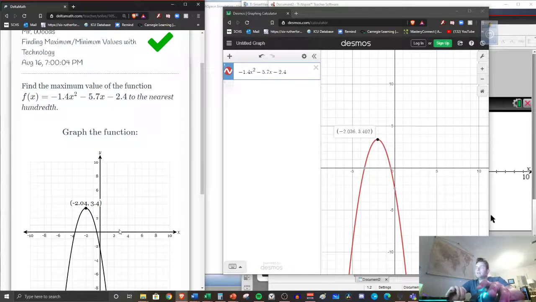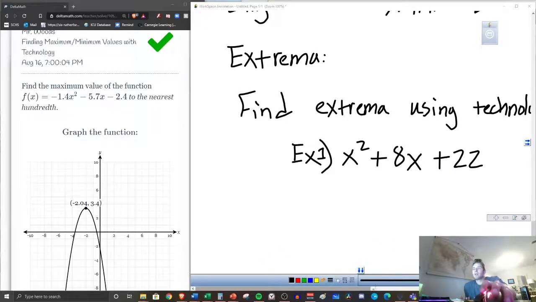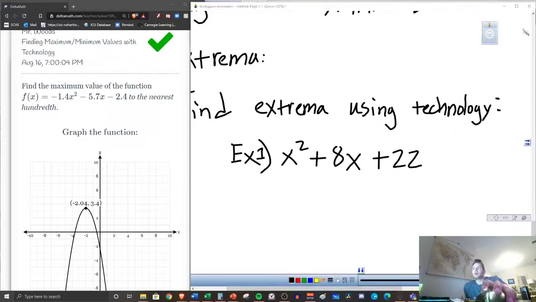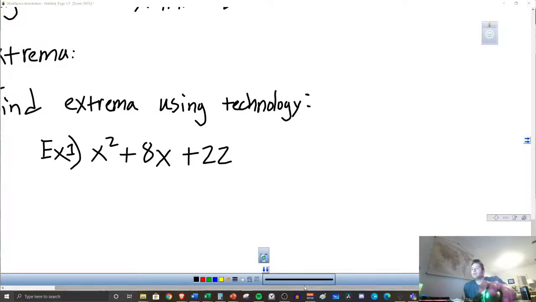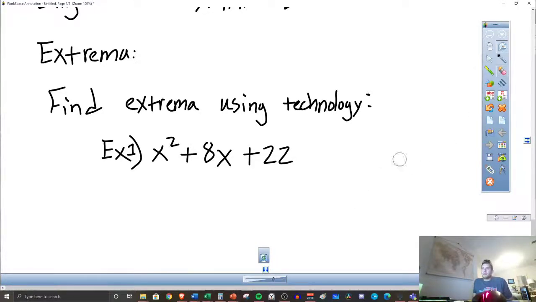Okay, there it is. And that is finding your minimums and maximums using the technology. That's how you will need to do that. You're not going to be doing any of that by hand. Okay. Finding those extrema. Let's move along. Things we're going to talk about in this part of this lesson. Remember, this is quite a lengthy lesson, but we're doing great. 2 more parts here.